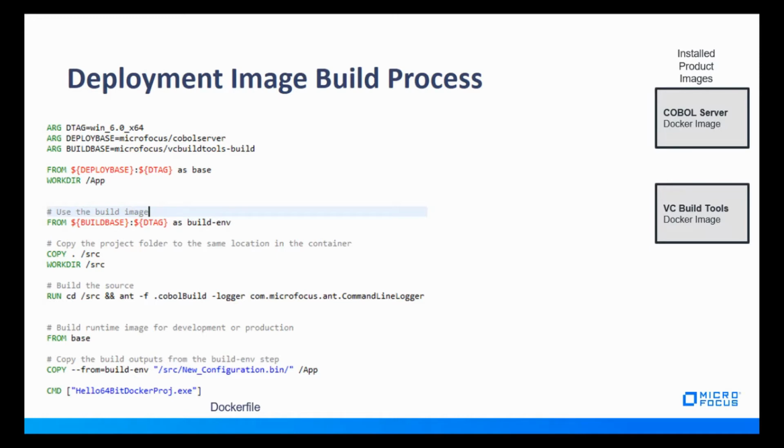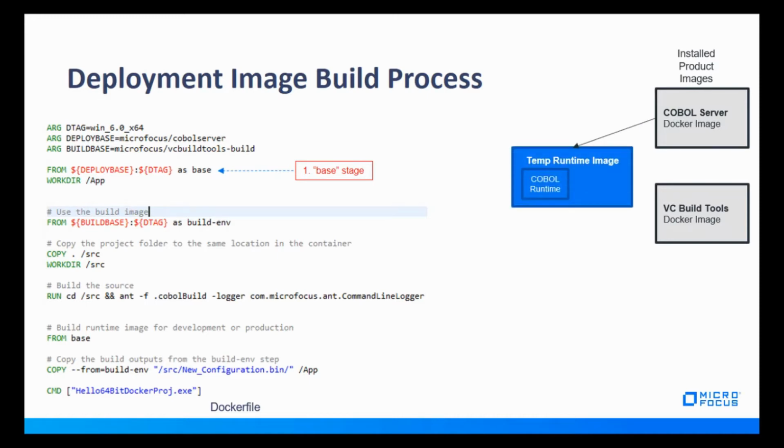The stages of the Docker file begin with the word FROM. The first stage uses the arguments deploy base and dtag from above to specify that the installed COBOL server image should be copied to create a temporary runtime image.